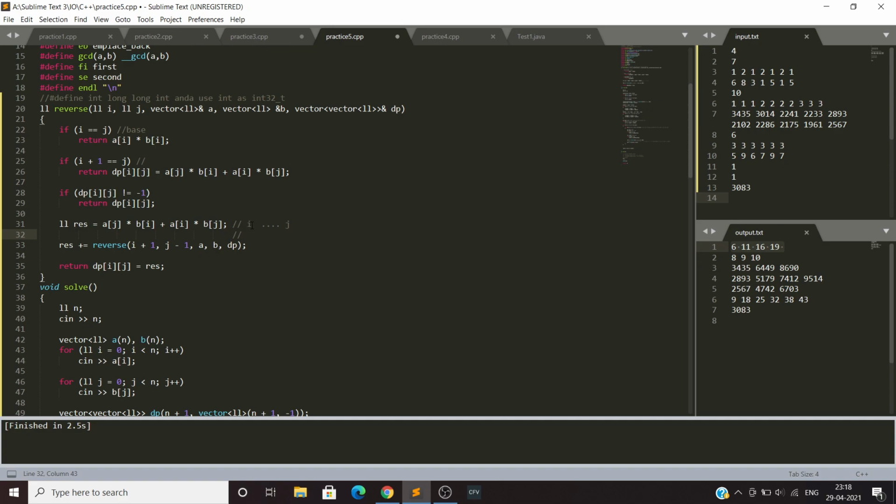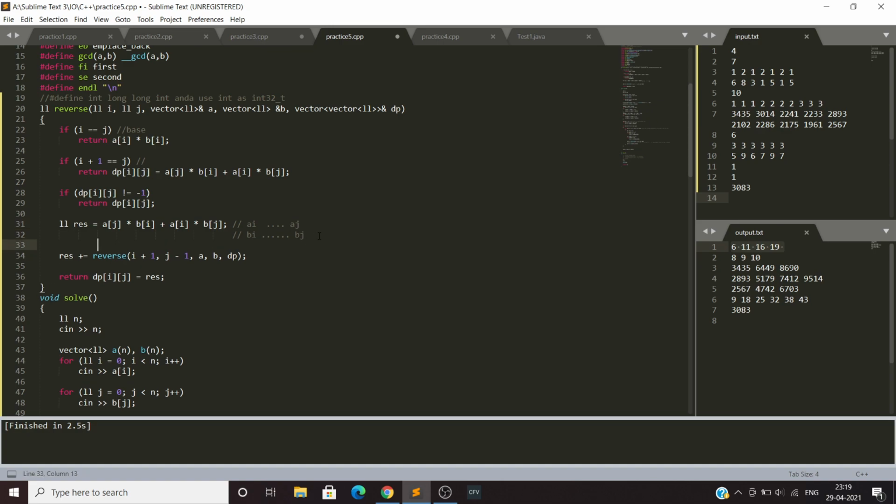Let's suppose this is a of i and this is b of j, and this is a of j and this is b of i. What we see is that we multiply a of i with b of j, and a of j with b of i, and after that we contract the position of the iterators.